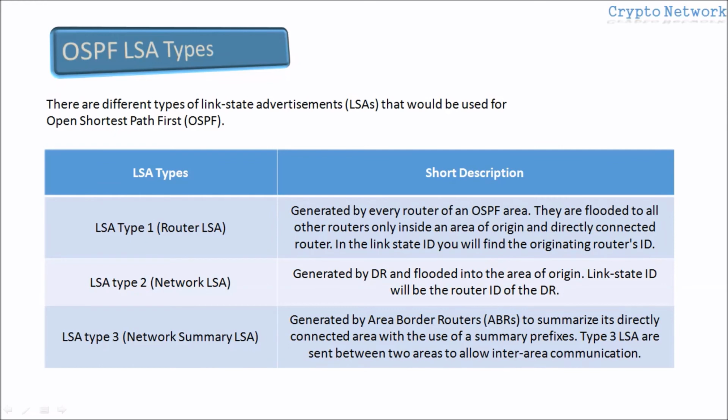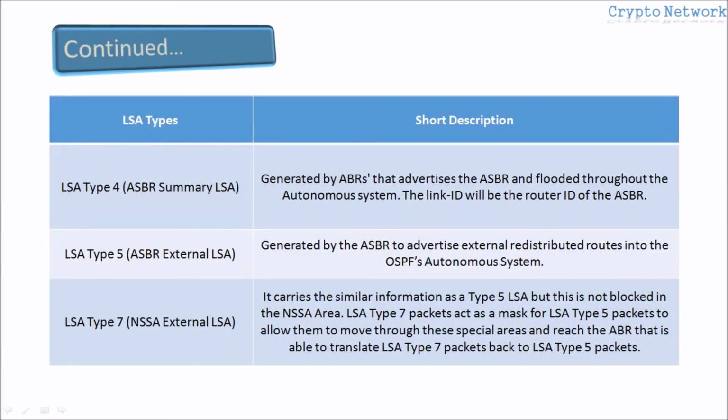We have another variant, type 3 network summary LSA, that is generated by area border routers and sent into an area to advertise prefixes to other areas, flooded throughout the autonomous system. We have type 4 ASBR summary LSA as well, generated by the ABR, which advertises the ASBR, not the external destination.